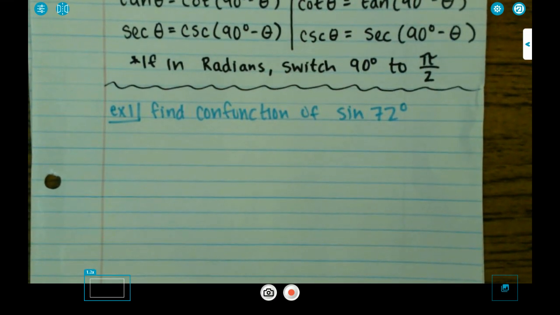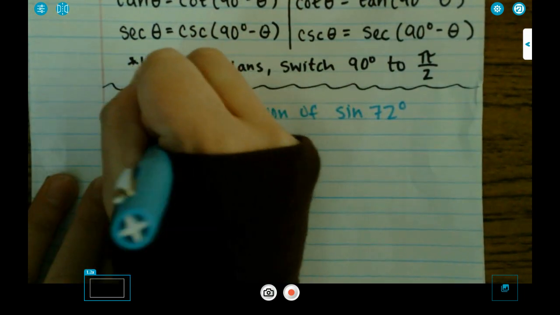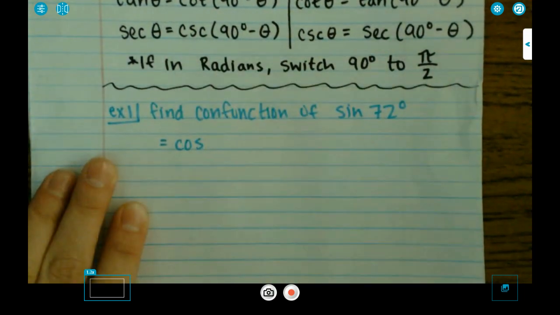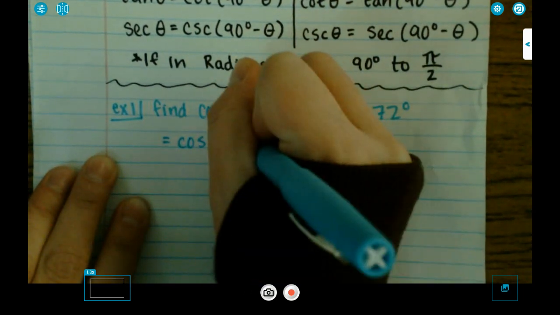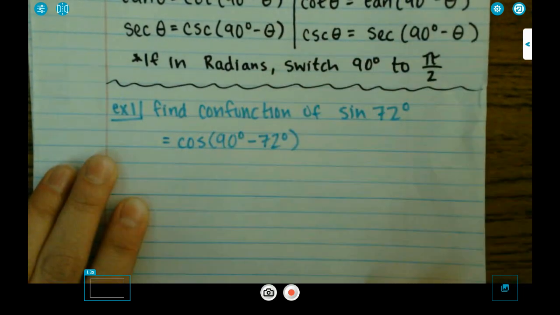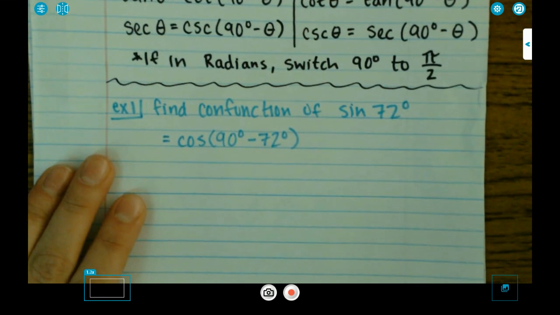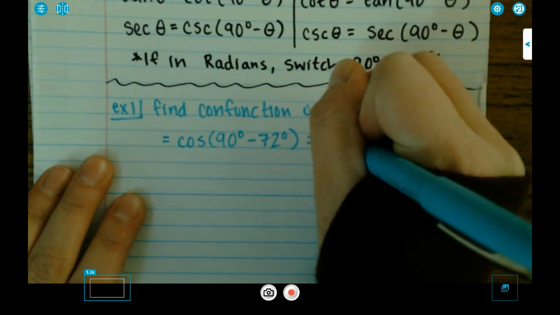Okay, so you say, what's the cofunction of sine? It's cosine. So then sine of 72 degrees is equal to cosine of 90 degrees minus that 72 degrees. And then we literally just do 90 minus 72, which is 18.